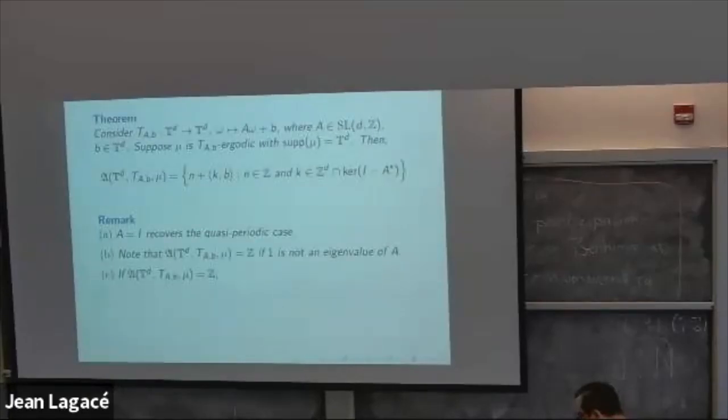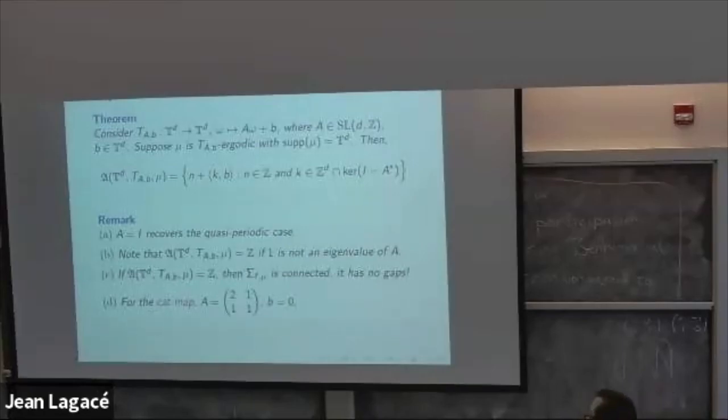Okay, so I just made the observation that if 1 is not an eigenvalue of A, then the Schwarzman group is Z, and for every continuous sampling function, the spectrum is an interval for every F. Okay, so here's an example that makes you see that, first of all, this is not a vacuous statement, and second of all, an example where it occurs is actually interesting, namely the cat map, which is a well-known map.